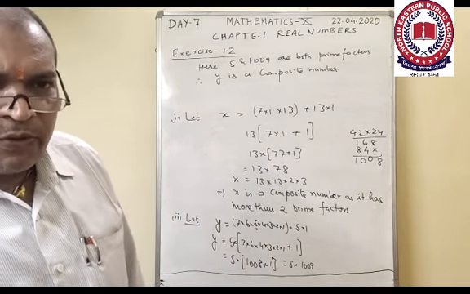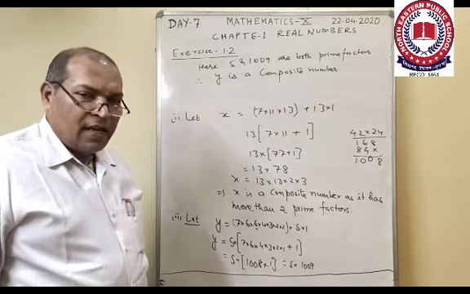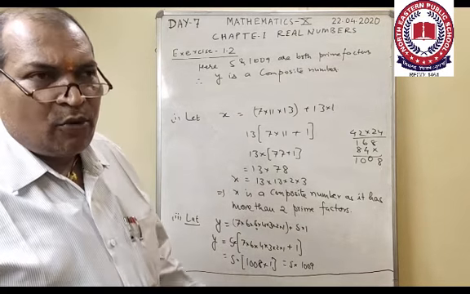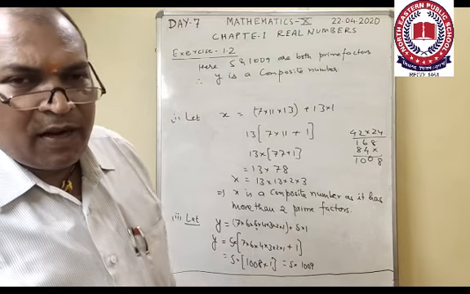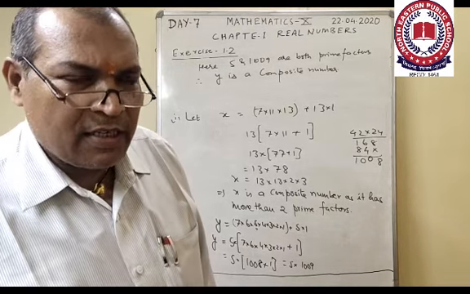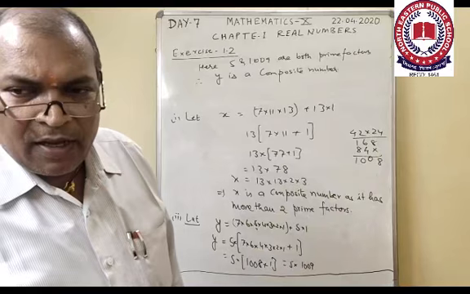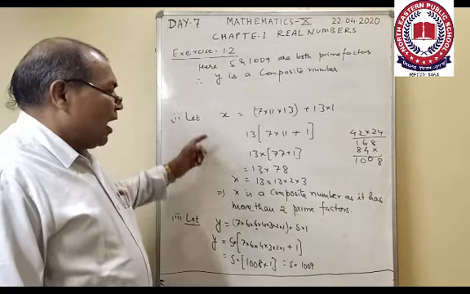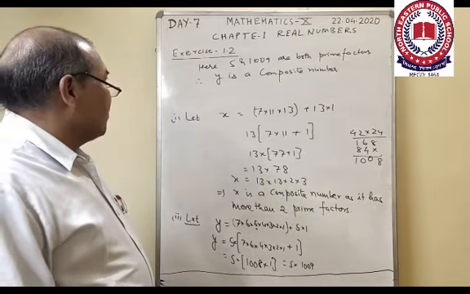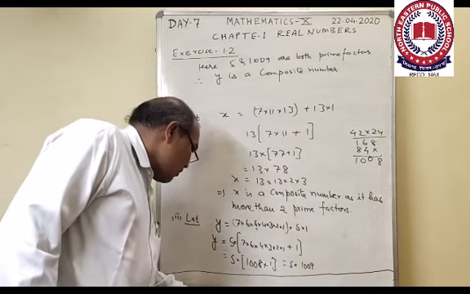It is very simple to do. In your exercise, some more questions are there. In the textbook also, few problems are given. You can work those out and check whether the given number is a composite number or not. Okay, thank you students. I am going to the next problem of the same exercise, question number 7.